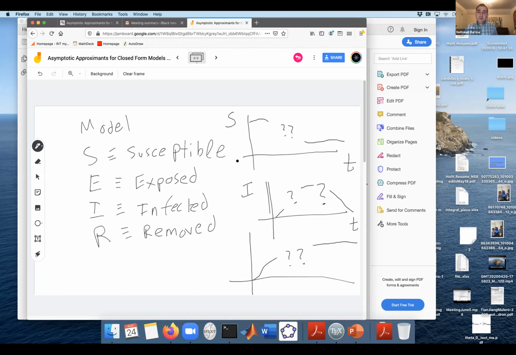And Nate, when we say removed, do you want to mention what constitutes removed? Oh, I did. Sorry, I said recovered a second ago. I mentioned that removed is the recovered plus deaths. Okay. Yep. It's good to remember.